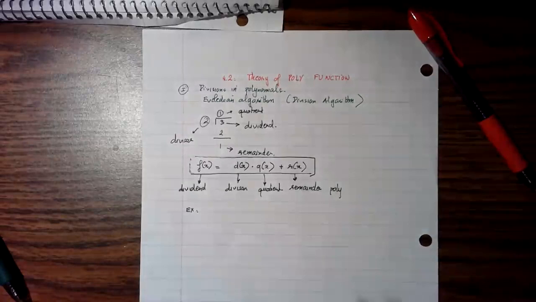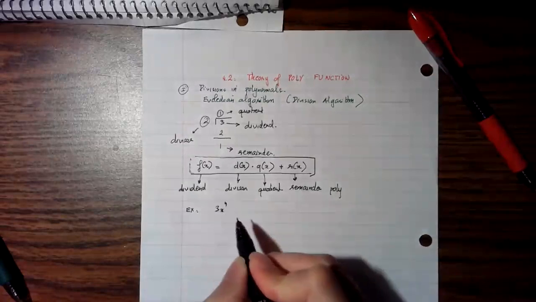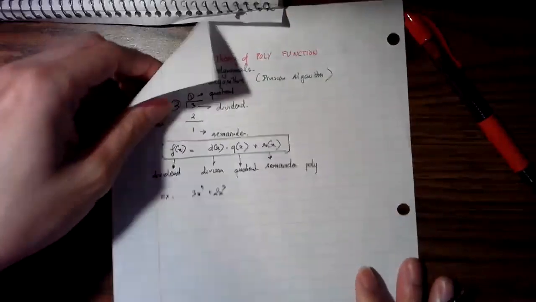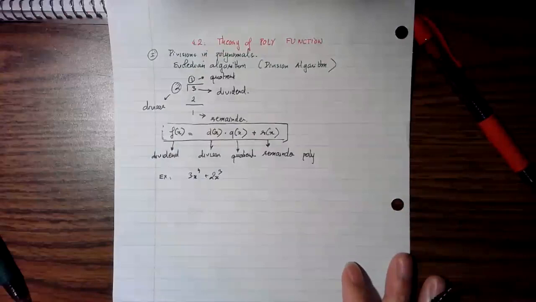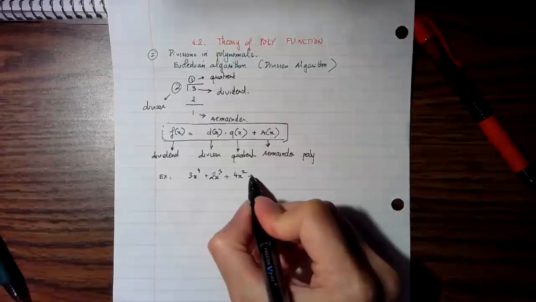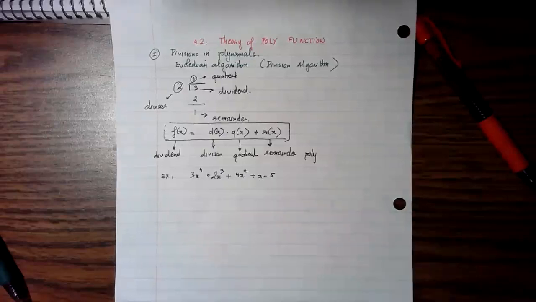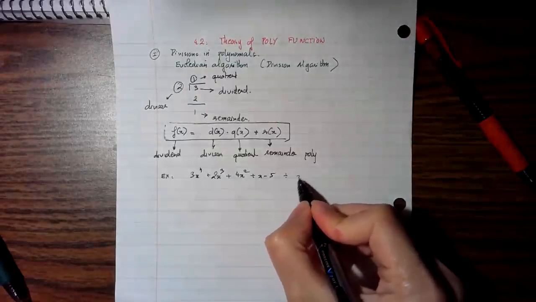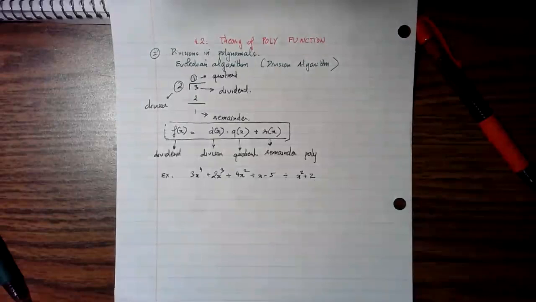What if I want to divide 3x to the 4 plus 2x to the third power plus 4x squared plus x minus 5, and you divide it by x squared plus 2. So x squared plus 2 is actually the divisor. 3x to the 4, 2x to the third, 4x squared plus x minus 5 is the dividend.